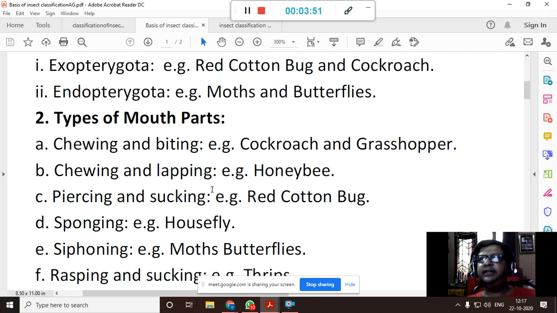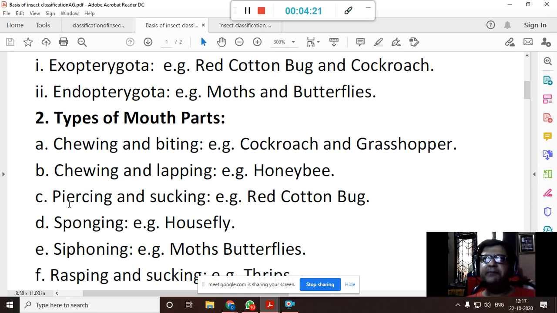Then they are also classified on the basis of mouth parts, the feature which is used for classifying them: whether they are chewing and biting. In cockroaches and grasshoppers, the mouth part is chewing and biting. It can also be chewing and lapping, for example in honeybee, they take nectar.